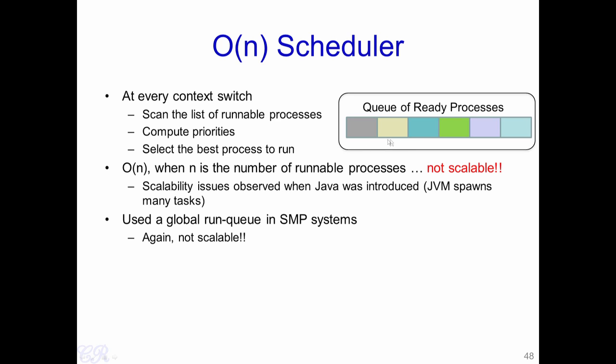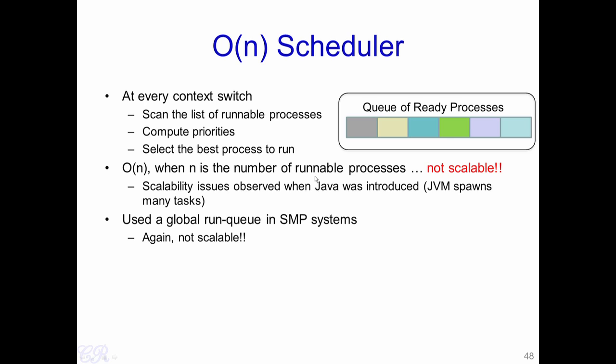So this obviously is not scalable. It's not scalable because as n increases, that is, as more and more processes or tasks enter the ready queue, the time to make a context switch increases. Essentially, the context switch overheads increase, and this is not something which is wanted.